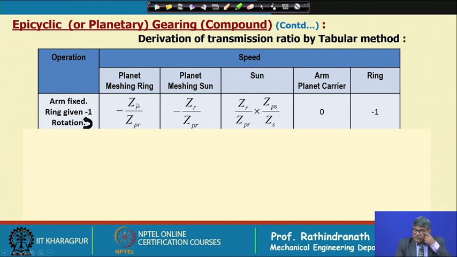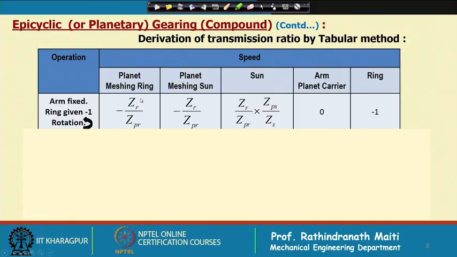If we remember the figure, ZR is the teeth number of the ring gear, which is more than that of the planet meshing with it. So if we give this 1 rotation, then this will rotate; say this teeth number is 1/3 of this one, then it will rotate 3 times, but the direction will be the same, because the internal gear and the external gear rotate in the same direction.